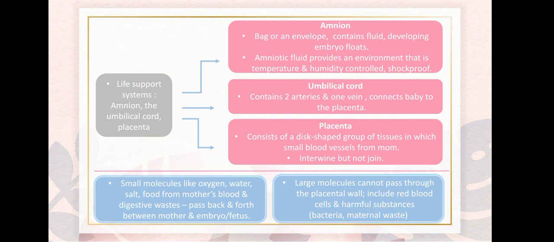So there are small molecules and large molecules inside the mom's body. But the placenta actually becomes a filtration. Only small molecules can pass through. A large molecule cannot pass through.